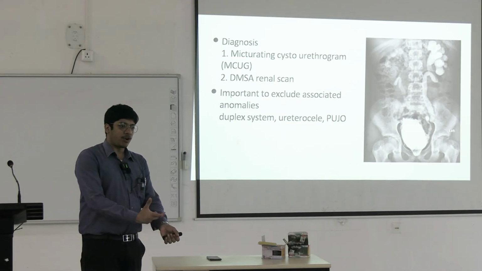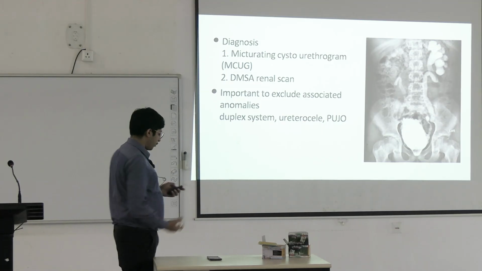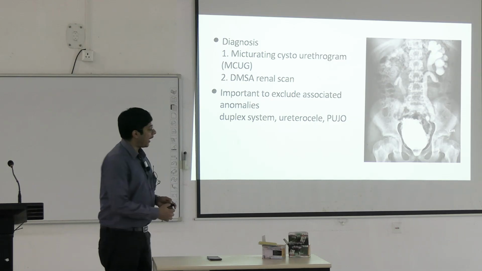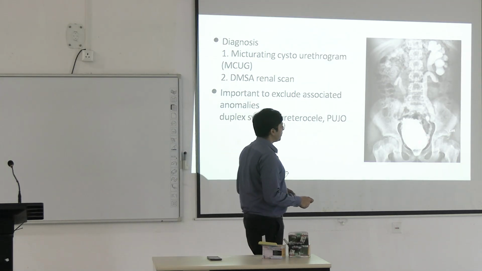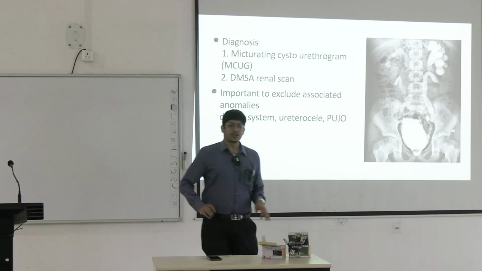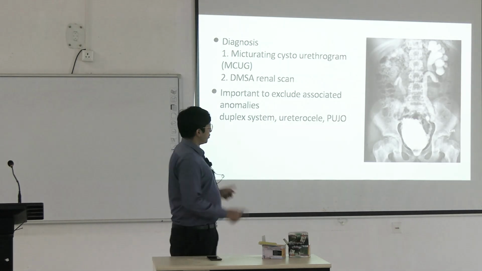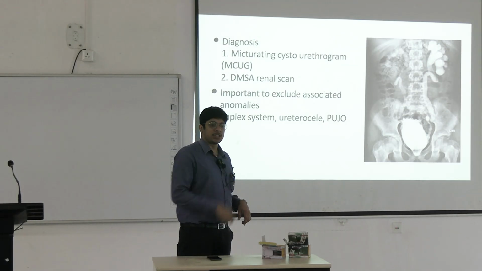If I inject contrast into the veins of the patient and after that we take this photograph, it is called an intravenous pyelogram. And if we introduce contrast into the bladder of the patient and then ask the patient to try to void or pass urine and in the process take this photo, then this is called a micturating cystourethrogram.